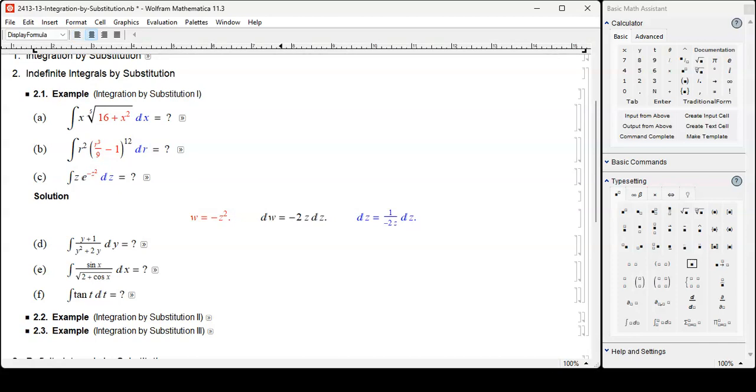So, are you satisfied? As for the students who are uncomfortable about this skipped step, dw over dz is negative 2z, if you take the derivative, and then flipping dz to the other side, we got that. Many students will skip this step or that step, either one of them.